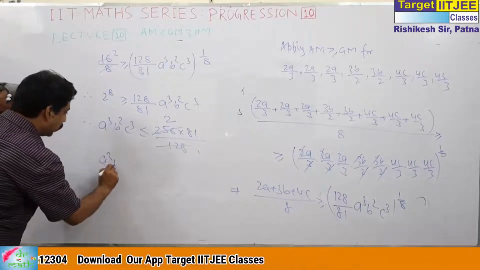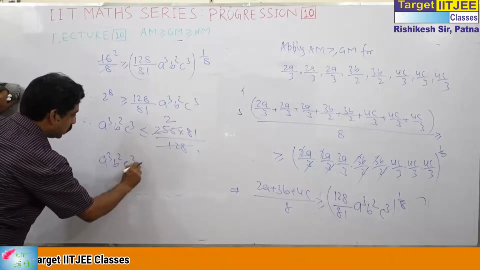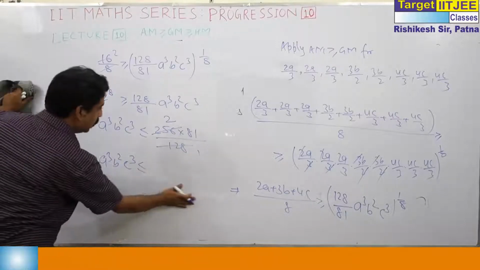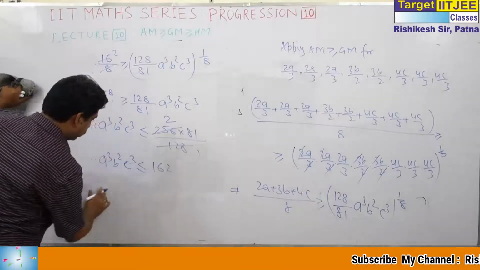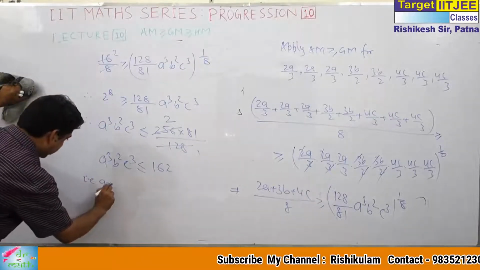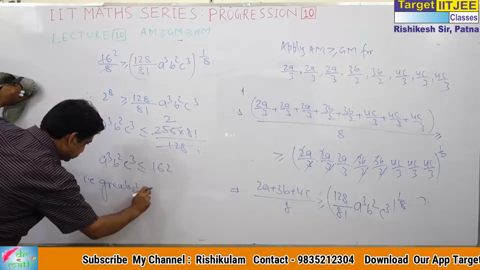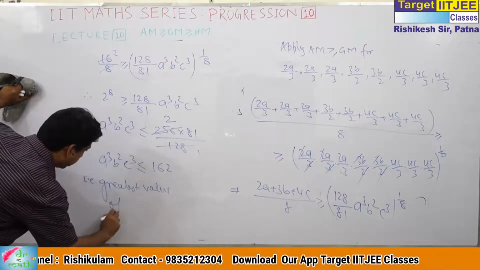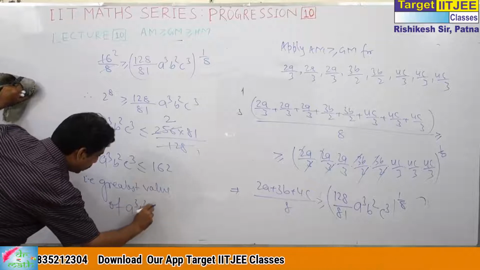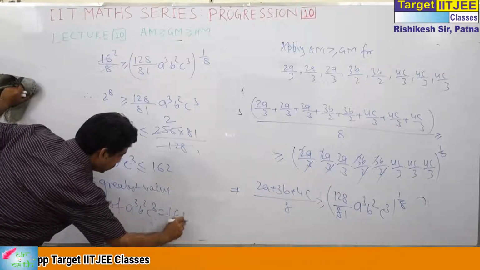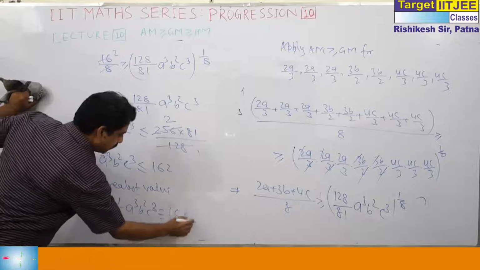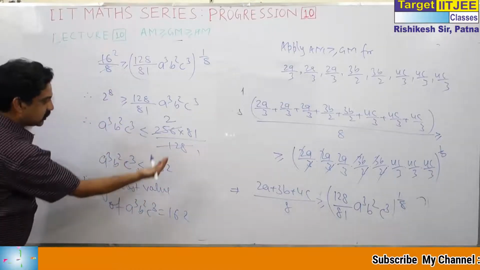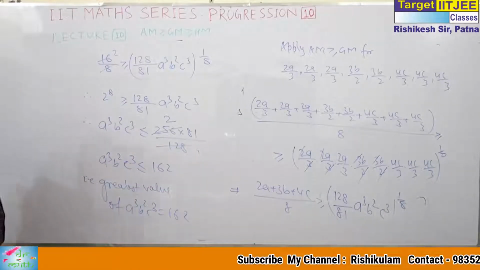So a cube b square c cube is less than or equal to 162. That is the greatest value of a cube b square c cube. Less than 162 means it's 162 or 161 or 160 or 159, but this is the greatest value.